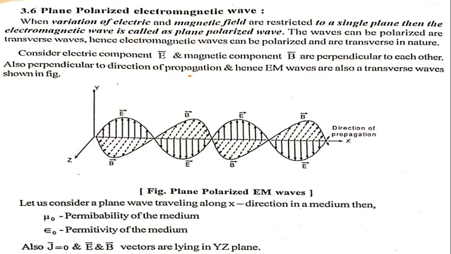Now let us consider a plane wave traveling along the x direction in a medium, with mu 0, the permeability of the medium, and epsilon 0, the permittivity of the medium. Also J bar equal to 0, and E bar and B bar vectors are lying in the YZ plane.